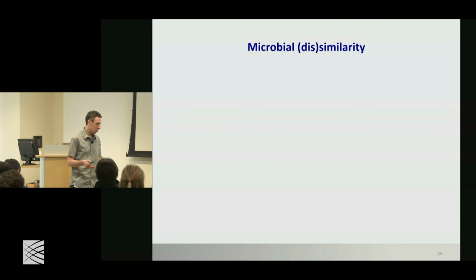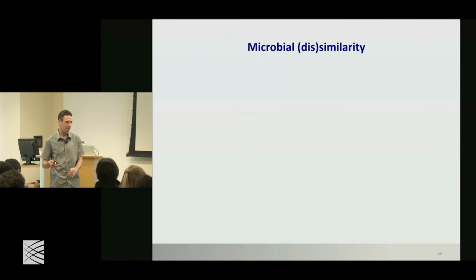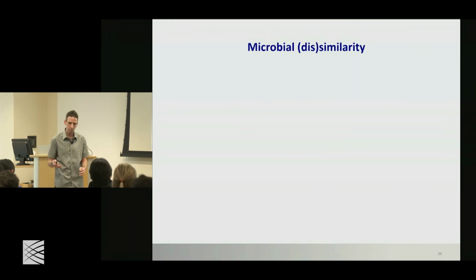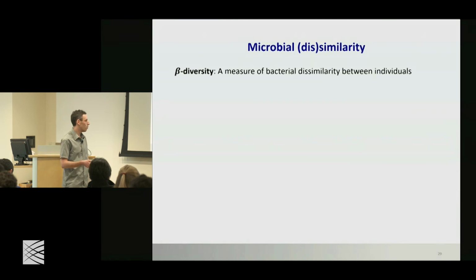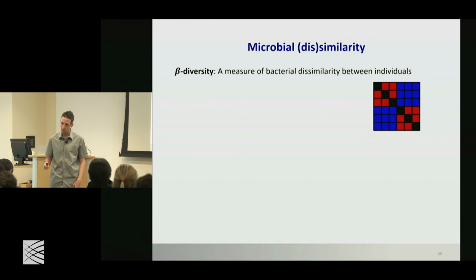And so I'm going to mention as an aside that measuring bacterial similarity, or actually dissimilarity, is a very common task that's done in statistical ecology. There is this term called beta diversity, which for the purposes of this talk can simply be defined as a measure of bacterial dissimilarity between individuals, although this term goes back decades, and it has much broader implications than what I'm speaking about here.